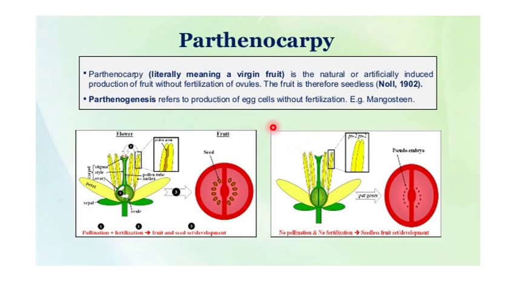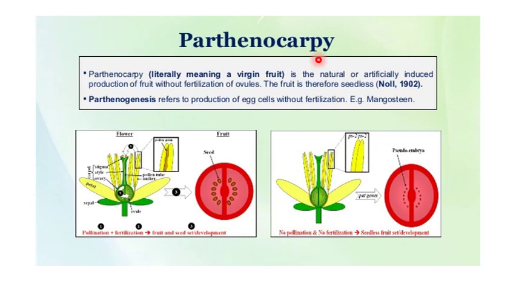Parthenocarpy is the growth of the ovary into seedless fruit in the absence of pollination and fertilization. It may occur naturally or can be induced artificially by exogenous application of hormones or their enhanced endogenous level.